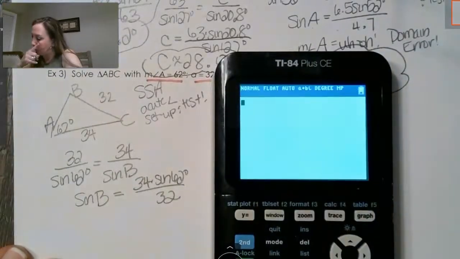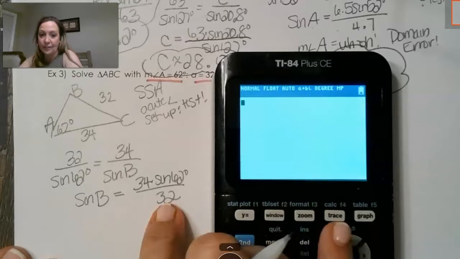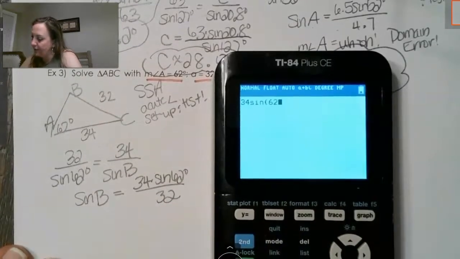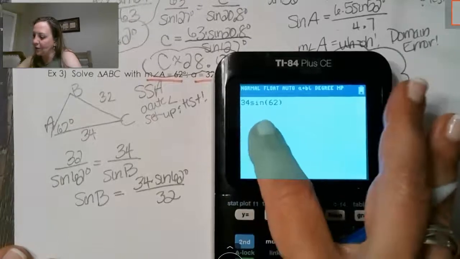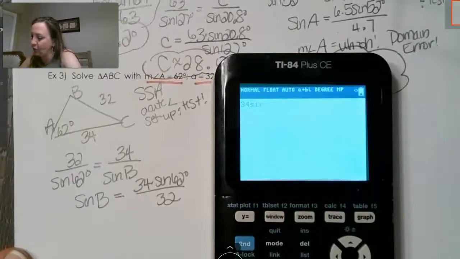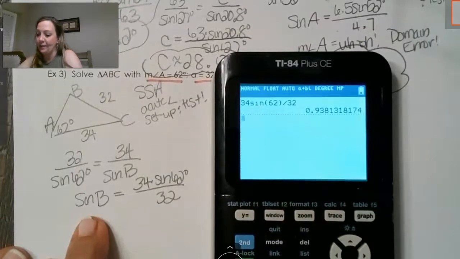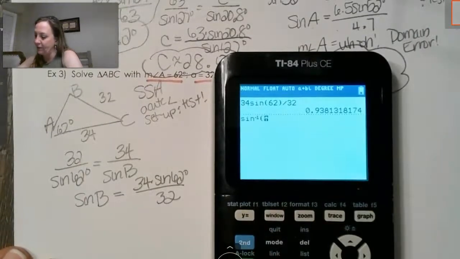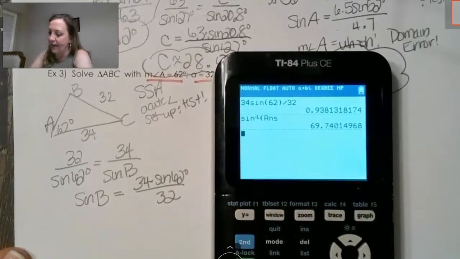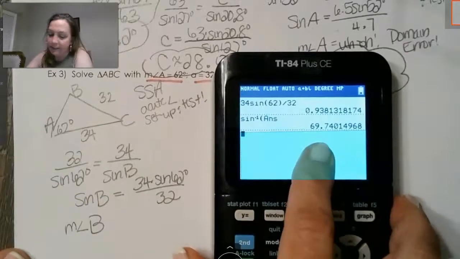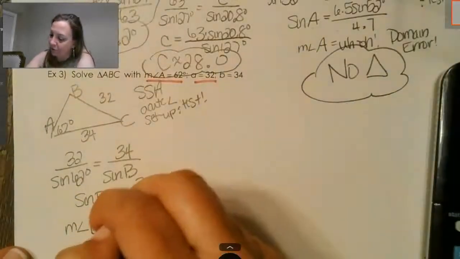And again, if you forget, you can take 34 times the sine of 62 over 32. And then again, that's giving you the sine of B. So to find angle B, you would need the inverse sine of that. And so what that tells me is that angle B is about 69.7 degrees.